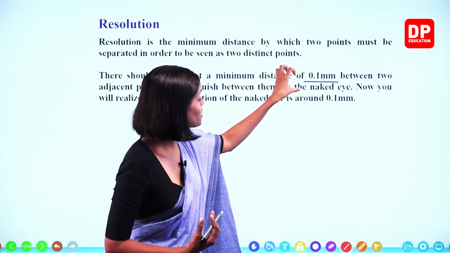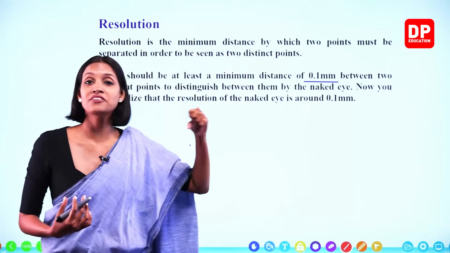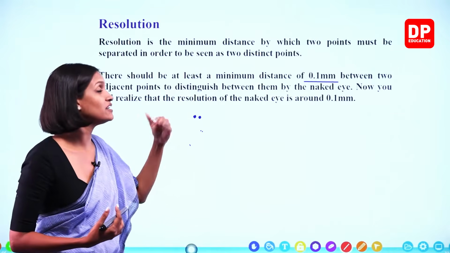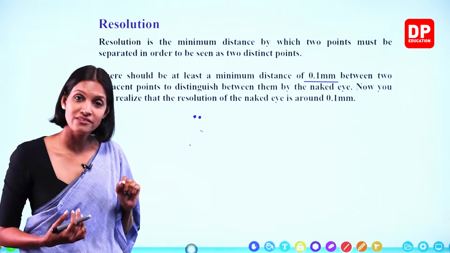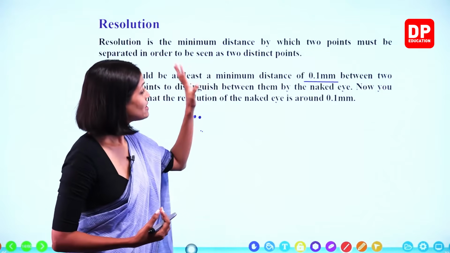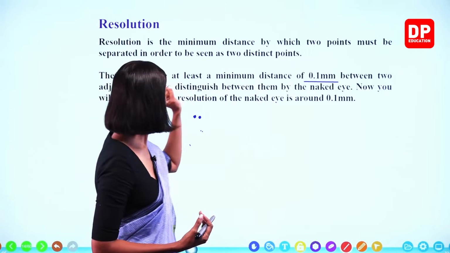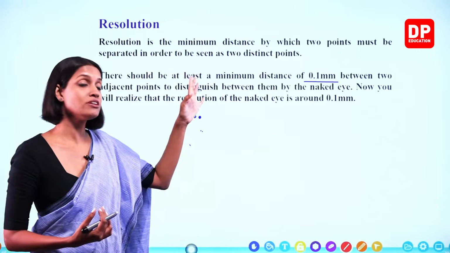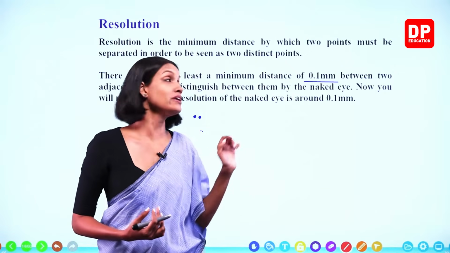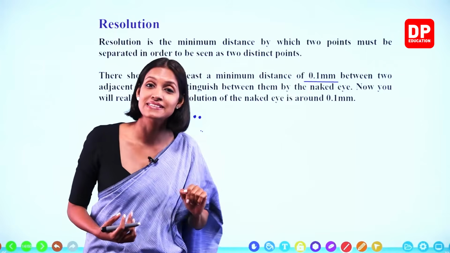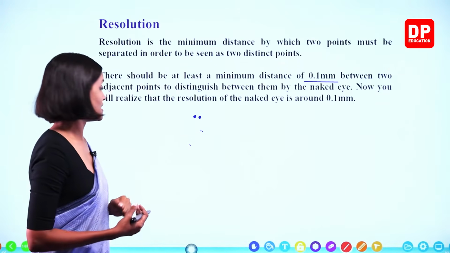Even under 0.1 millimeter distance, our eyes cannot identify two separate points. So normal, healthy human eyes have a resolving power of 0.1 millimeters. Okay, you have to memorize this. We'll move on to the next.